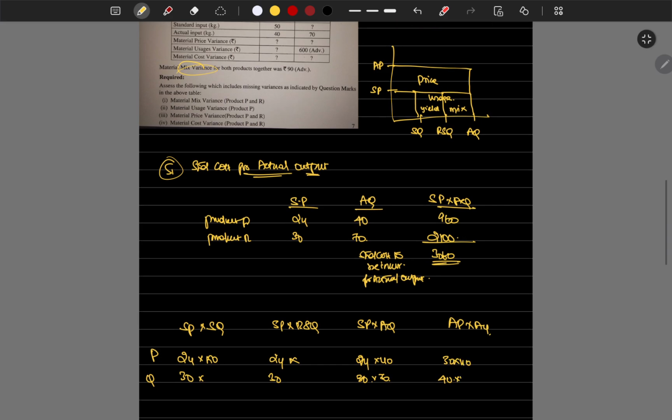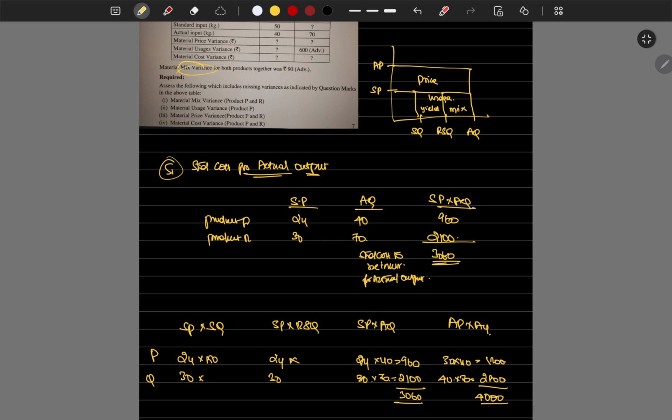So 40, 70, 1200 into 40, which is 2800. 24 into 40, which is 960. This we have already found. No? Okay, 3060, 1200 plus 2800, which is 4000.